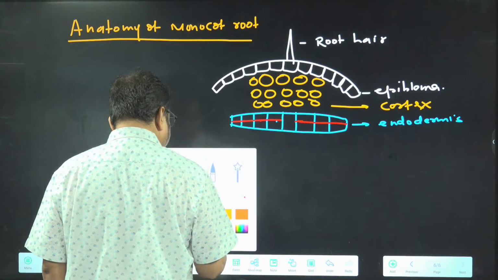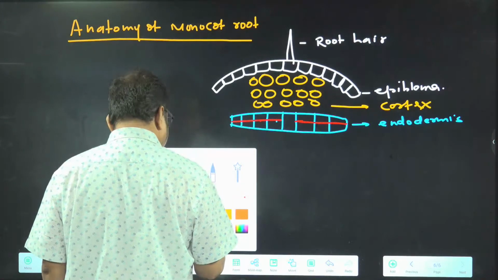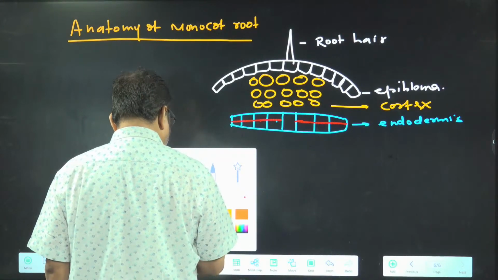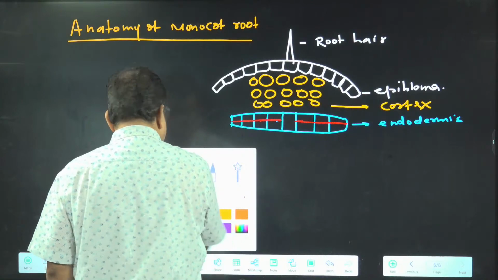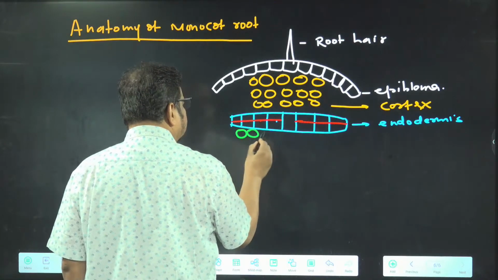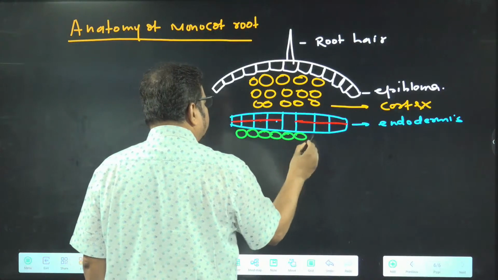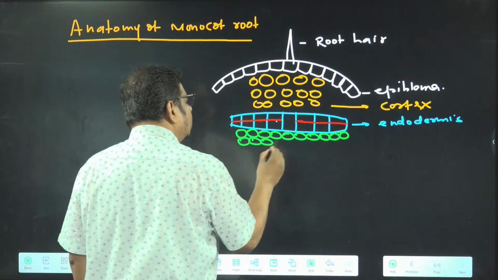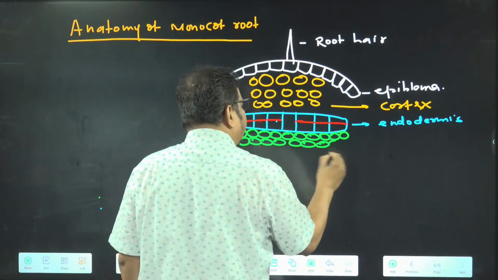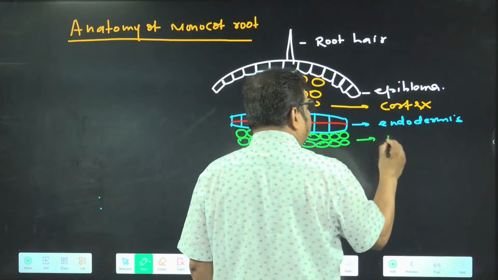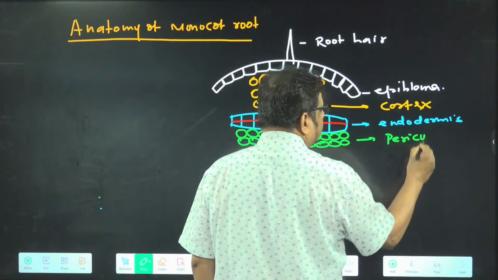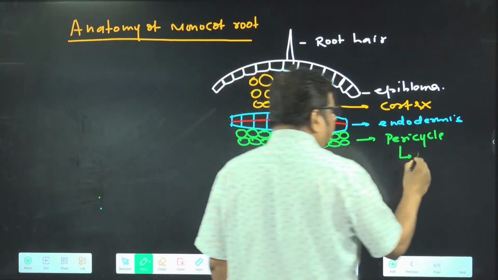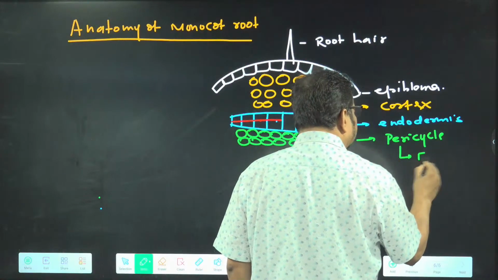Pericycle. So I am drawing, suppose that this is a layer of pericycle. So pericycle, what character is unique here? It forms lateral root.